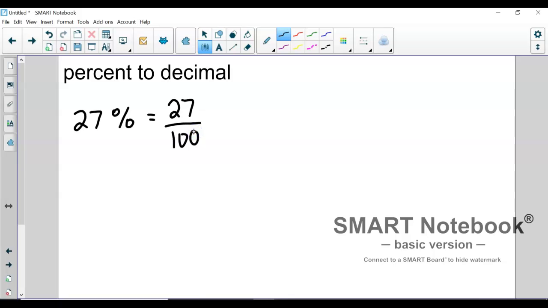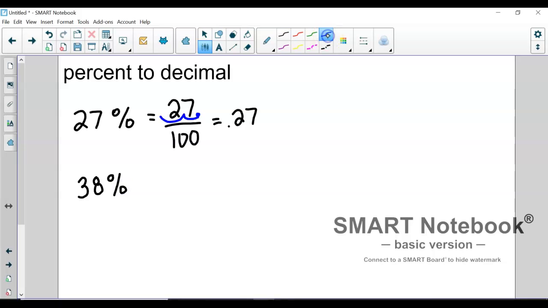Well, if we're going to divide something by 100, all it's going to do is take the decimal in the problem, which 27 doesn't have a decimal, and move that decimal 2 places to the left. So this would be 0.27 as a decimal.